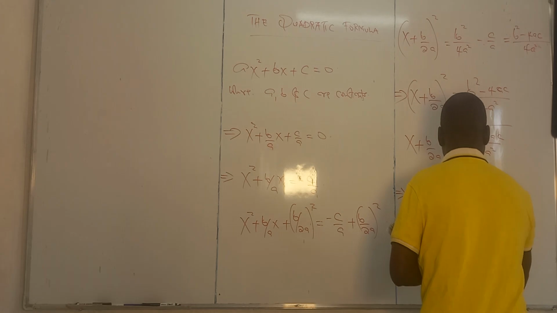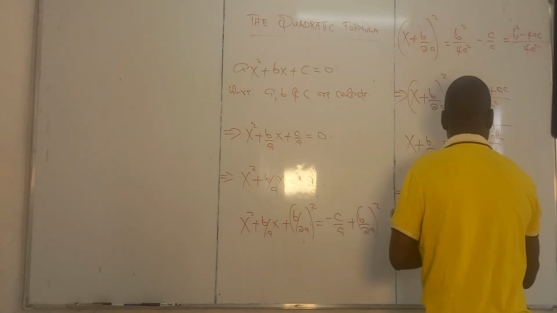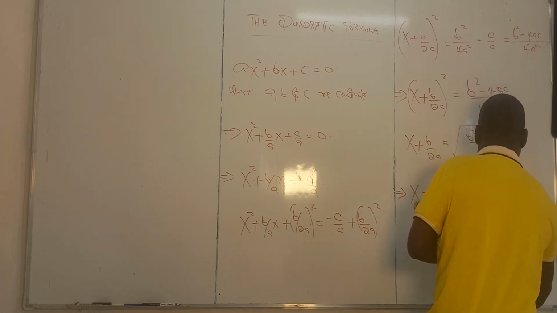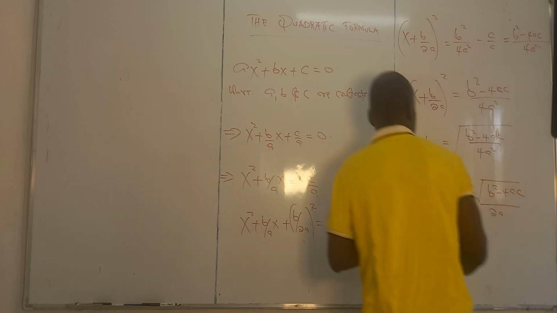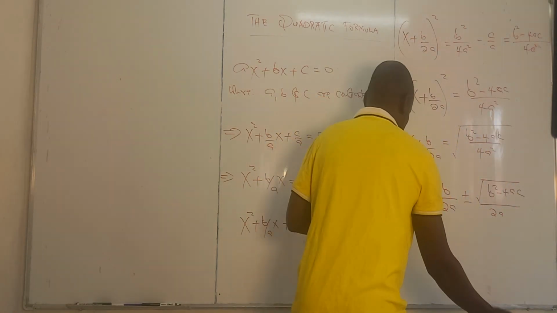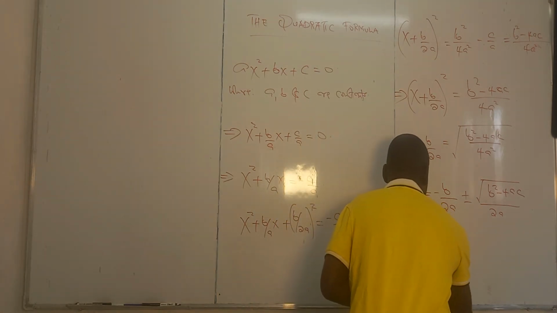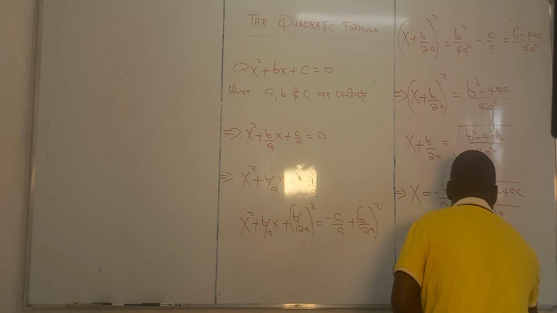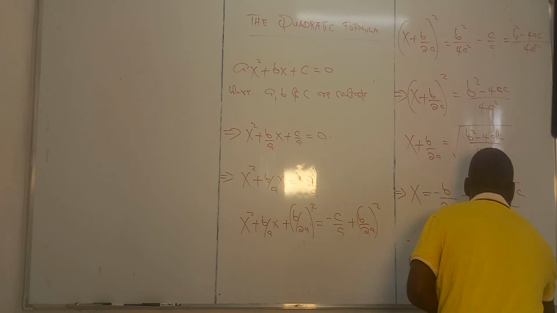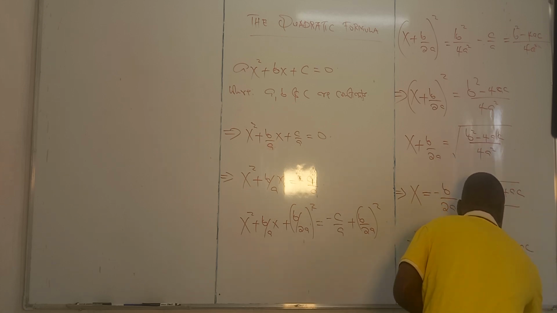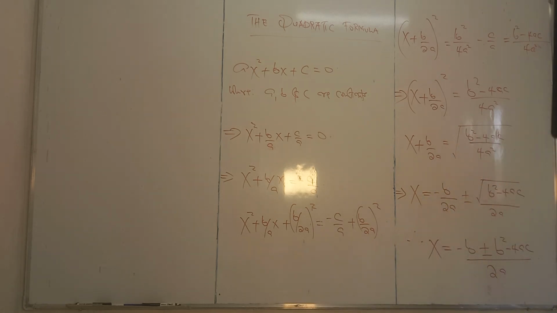So I'm going to have plus or minus root of b squared minus 4ac over 2a. It's over 2a because the square root of 4a squared is 2a. So that allows me to say, therefore, x should be given by minus b plus or minus root of b squared minus 4ac, all over 2a. And that's the quadratic formula.